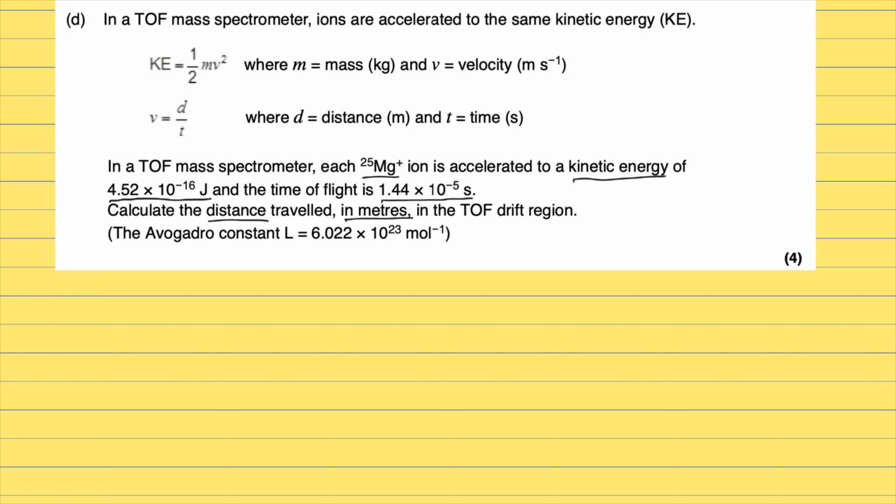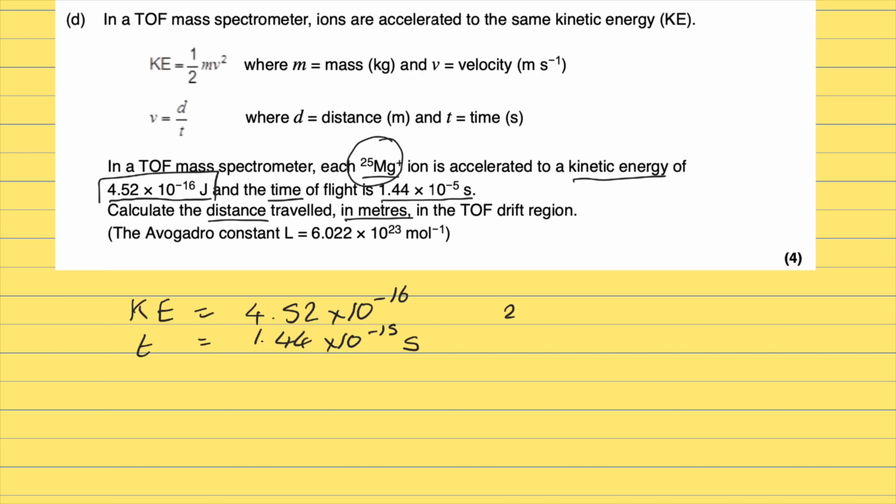So, the first thing I think we should do is look at the information that we've got from the question and write this down. So we were told here the kinetic energy is 4.52 times 10 to the minus 16 joules. We were also told the time of flight, which is t, is 1.44 times 10 to the minus 15 seconds. We also know that it's a 25 Mg plus isotope.